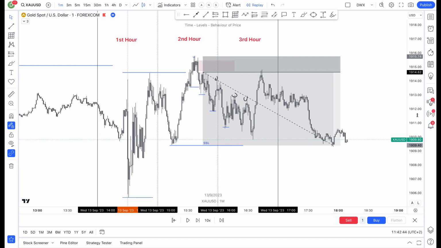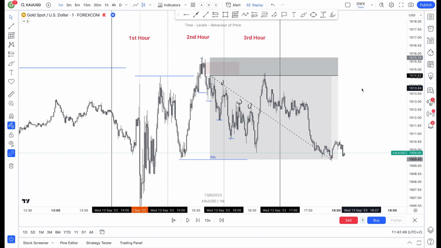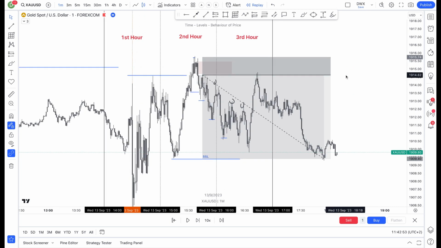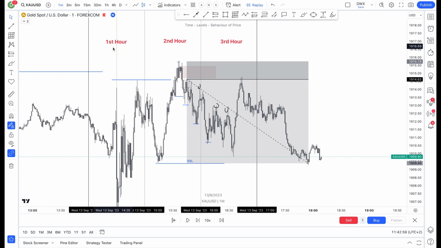So it was a bit of a nagging trade in the sense that it did take some time and wasn't as beautiful or quick as I would have liked, but the principles remain the same. Using the first hour's information to base a trade in the second hour.